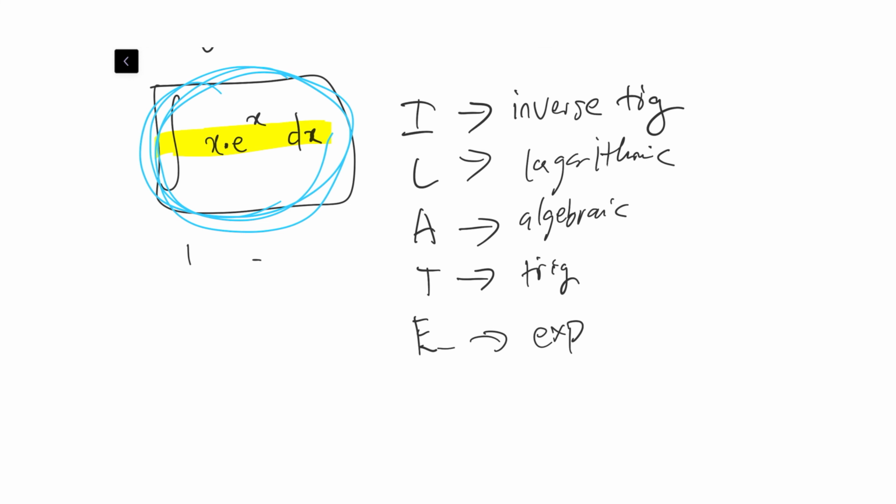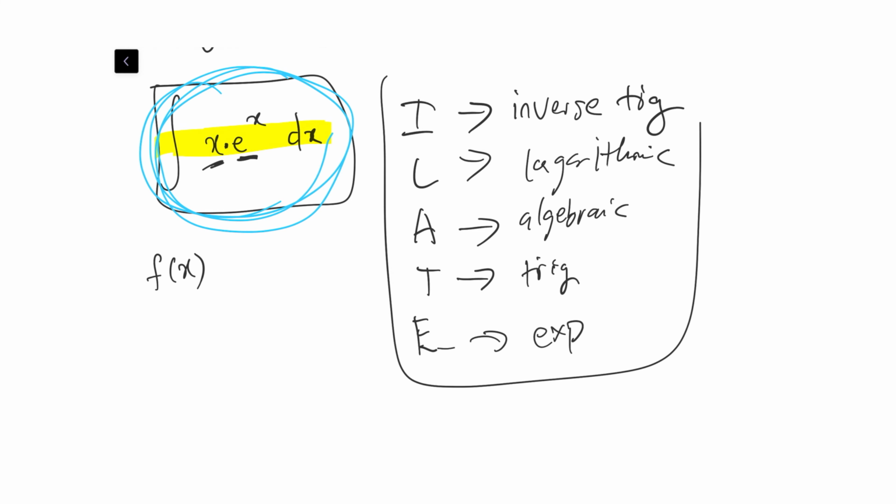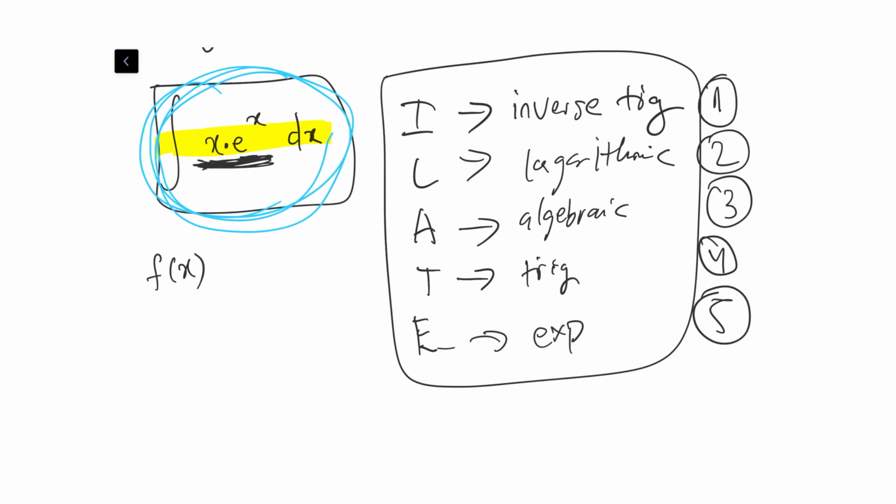What this is saying is that this is referring to what we let be a function like f of x, not the derivative, what we let be the function. So for instance, in our expression here, we have exponential and algebraic. And what these rules are telling us to do is, okay, which function in this product of functions in our integrand here should we let be f of x or g of x?